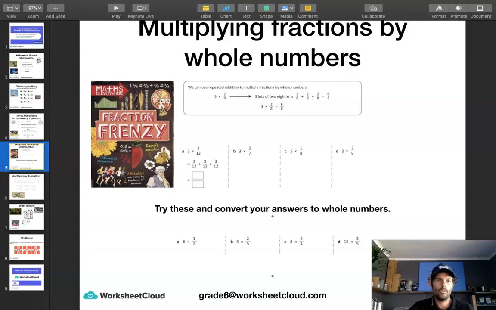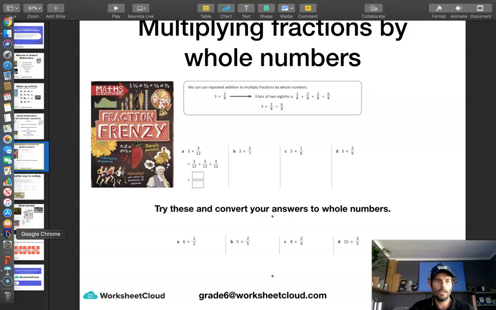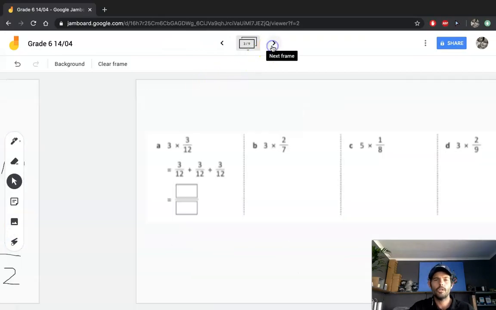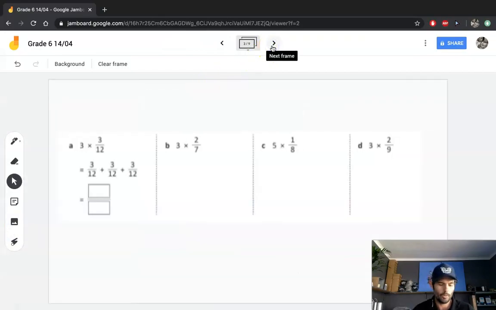So I'm going to work through a couple of examples with you and then give you your own opportunity to practice some. I hope you guys can see those sums on your screen. So for A, they've asked for 3 times 3 over 12, which is the same as 3 over 12 plus 3 over 12 plus 3 over 12. And that's going to give you 3 plus 3 plus 3 is 9.